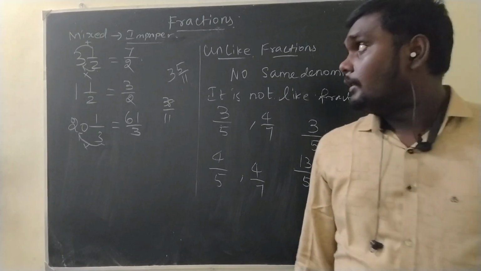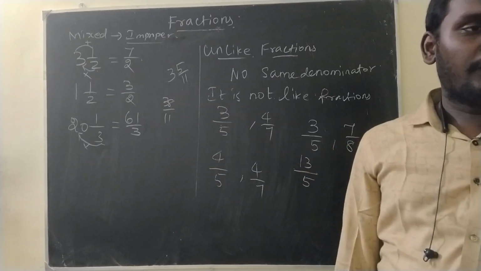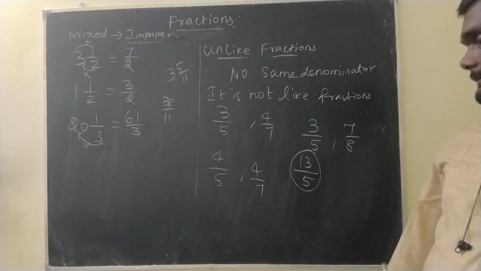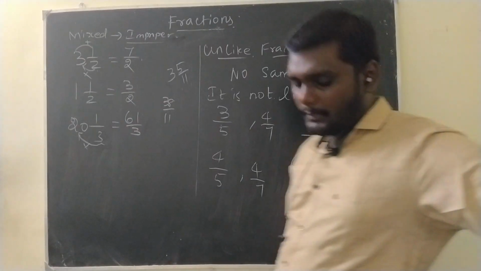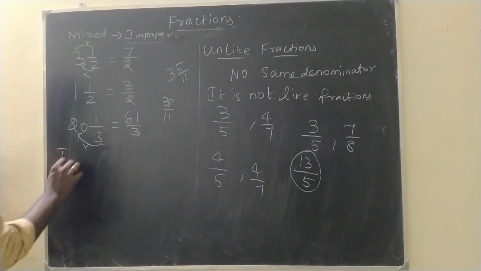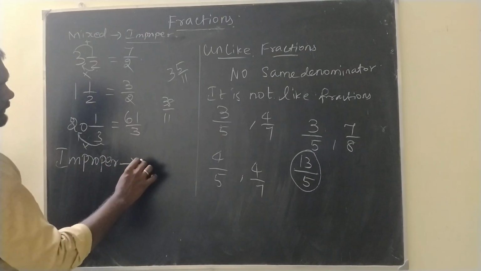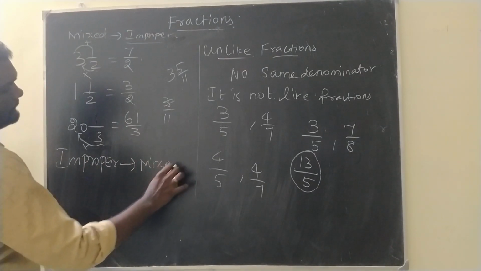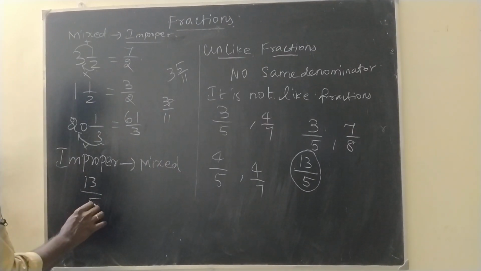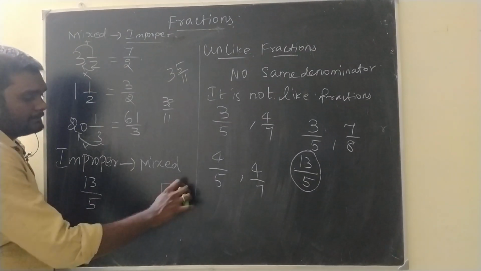And now, this improper fraction, converting that into a mixed fraction. Here I gave some examples. 13 by 5 I said. Is that proper or improper? Improper to mixed fraction. This 13 by 5 is improper. How we will denote this one means, usually divide.